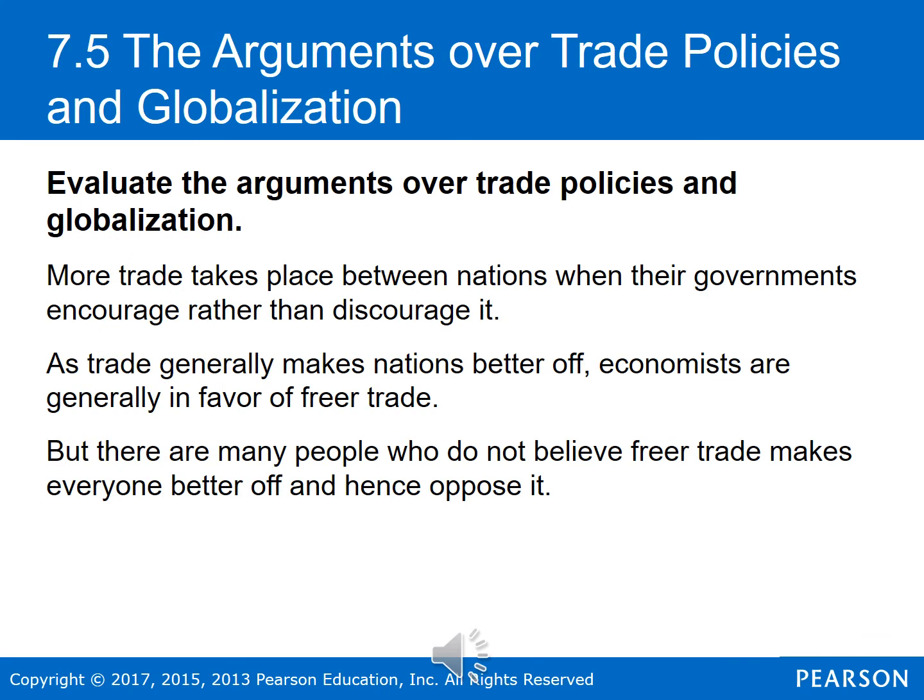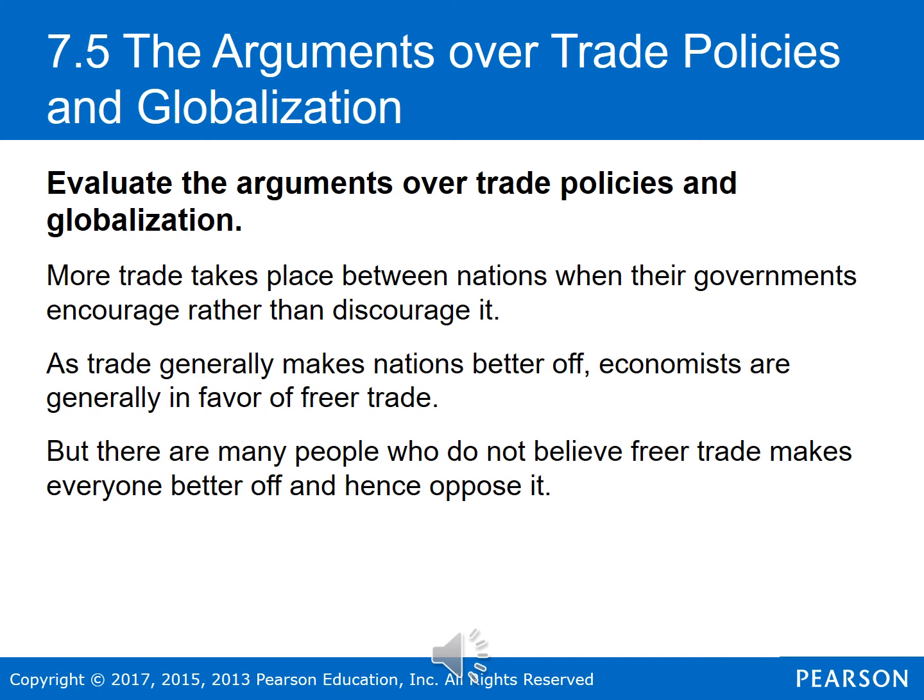We're going to take a very brief look at a couple topics in Section 7.5, the arguments over trade policies and globalization. So more trade takes place between nations when their governments encourage it rather than discourage it. So we'll have more trade, and consumers will be able to buy goods and services that meet their needs more if governments make it easy and if they don't actively discourage trade between countries.